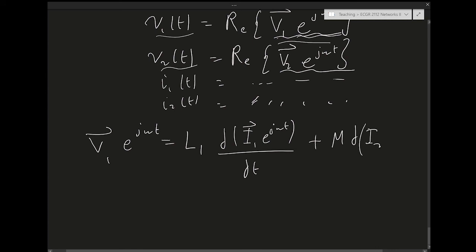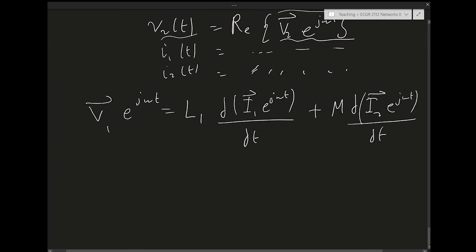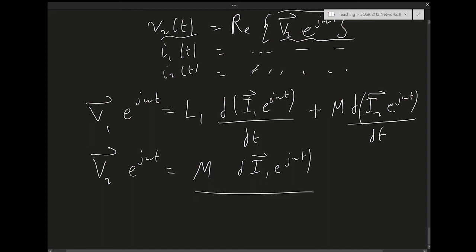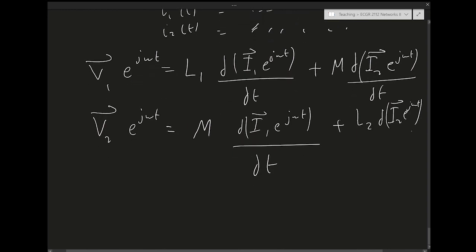And then V2 phasor e^(jωt) equals M d(I1 e^(jωt))/dt plus L2 d(I2 phasor e^(jωt))/dt.